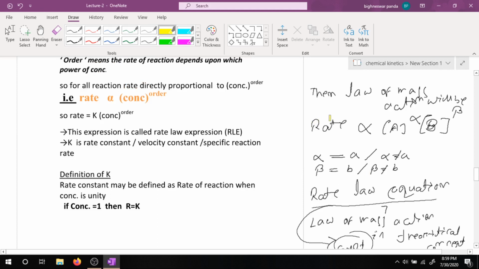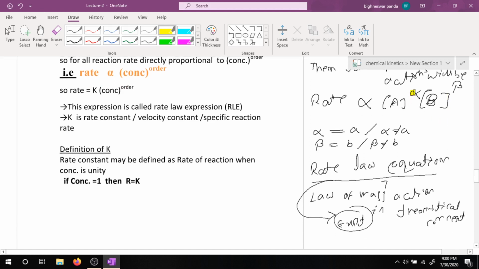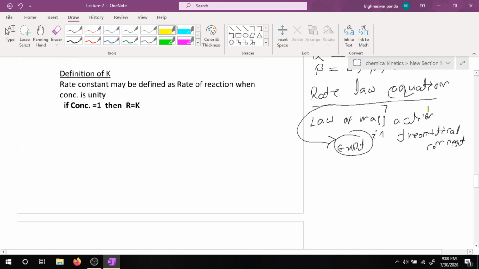In the rate law equation, we have rate directly proportional to A to the power alpha and B to the power beta, where alpha is the order with respect to A and beta is the order with respect to B. So the overall order n is equal to alpha plus beta.